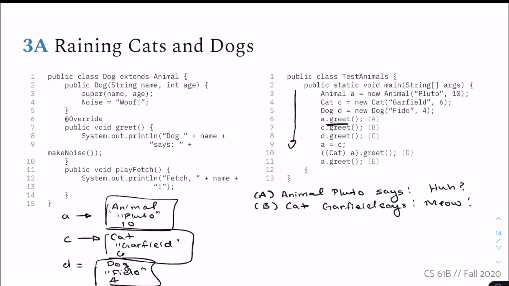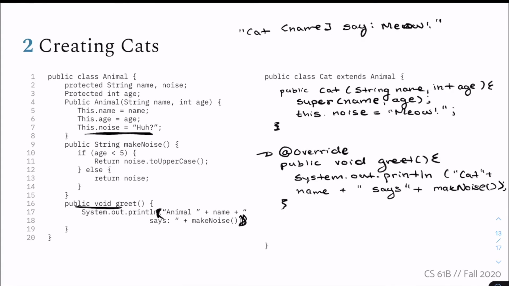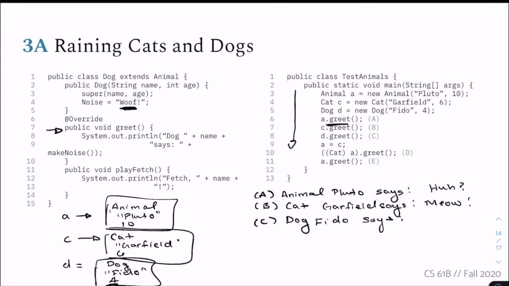And then lastly, we have D, which is our dog, and d.greet calls this greet function, which does dog, and then Fido says, and the noise that we've given it is woof, and Fido is less than 4, and if you remember from our function in the previous problem, animals that have an age younger than 5 actually return an all caps version of their noise, so it'll be woof, all caps.